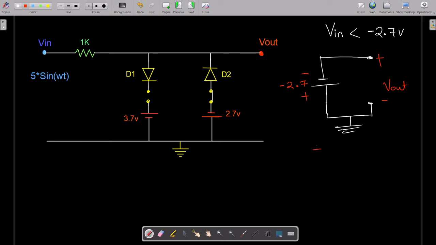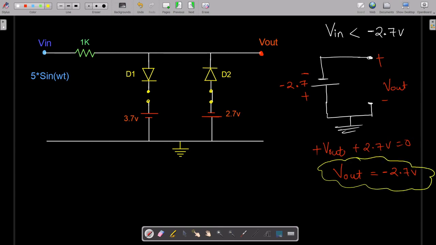That means plus V out, then plus 2.7 volts, equals 0. So at the end we get V out as minus 2.7 volts.